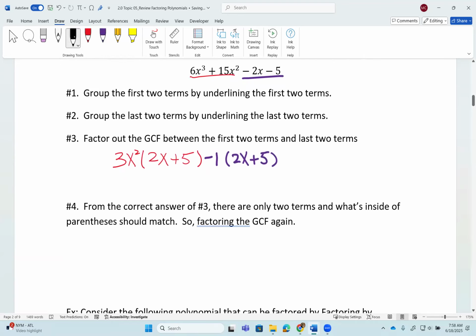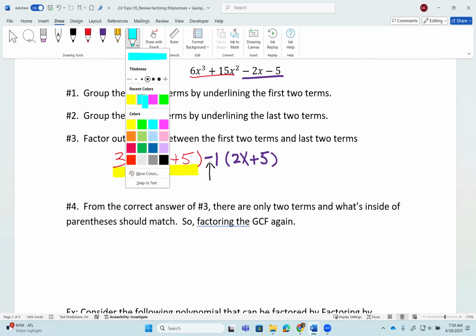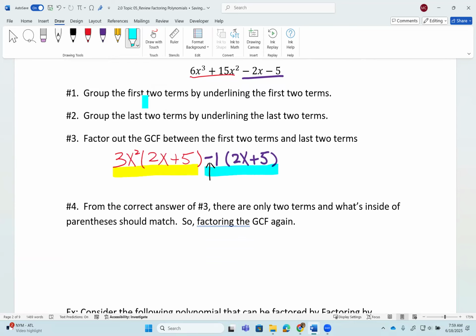So step number 4: with this subtraction sign outside the parentheses, I've got 2 terms. This is my first term and this is my second term. What's the same between the 2 terms is the 2x plus 5. So the 2x plus 5 is now my greatest common factor, 2 terms representing 1 greatest common factor.